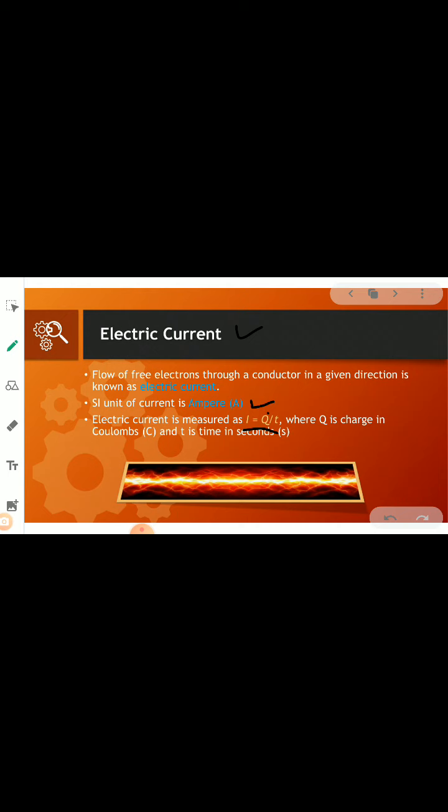The answer is electric current. They have not given ampere, they have given the SI unit coulomb per second. So if you remember coulomb per second and also ampere, then it is good. So the answer is electric current.